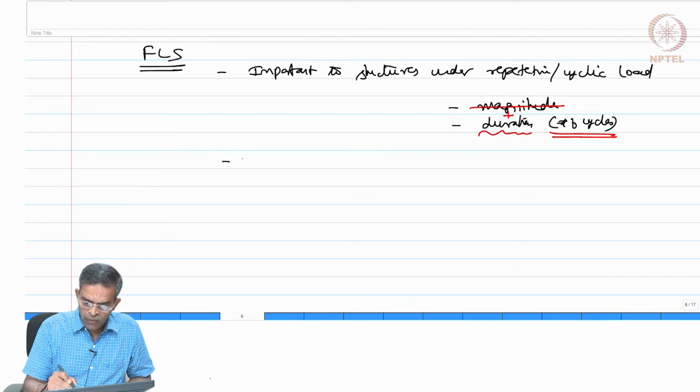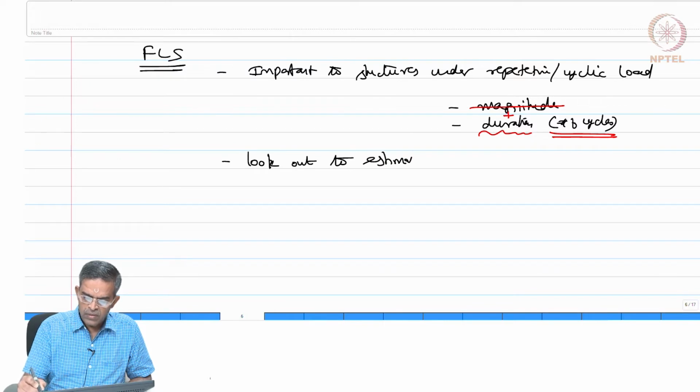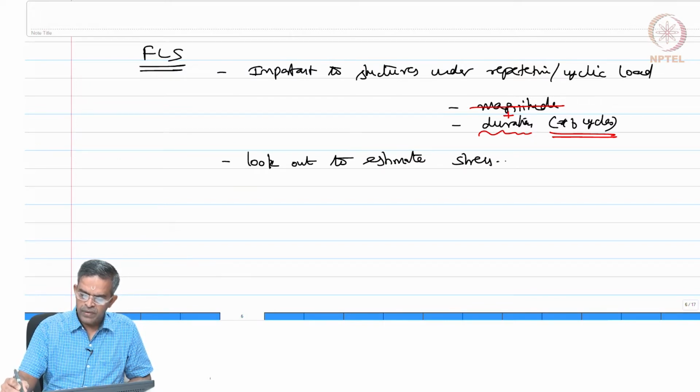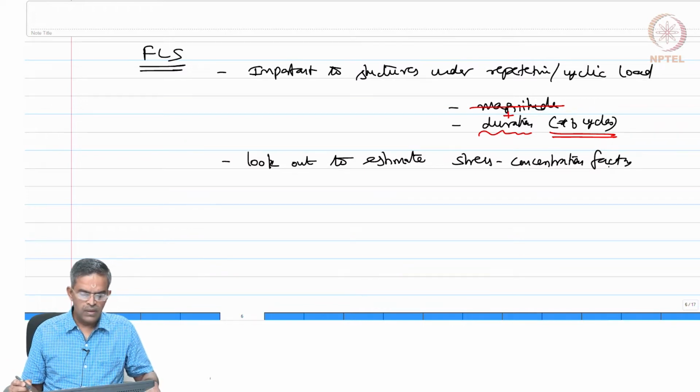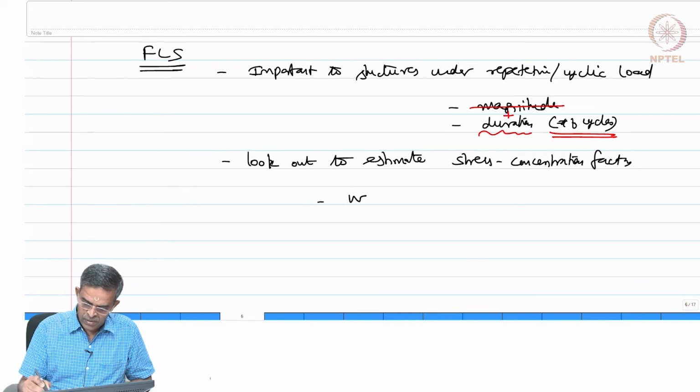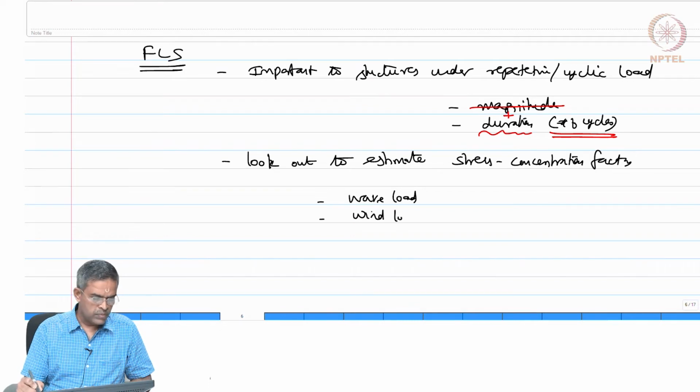So, they will look forward to estimate stress concentration factors. There are some examples where cyclic loads are very common on structures, which are reversal or repetitive in nature. Classical examples could be a wave load, even wind load, current, machinery loads, etc.